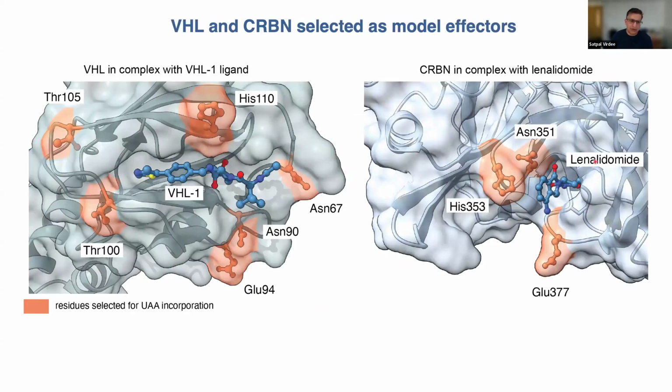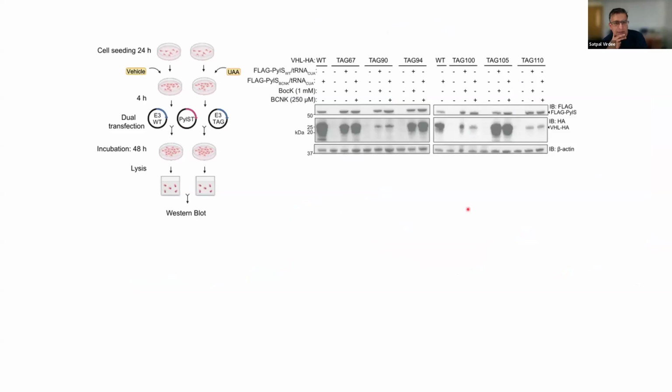So as proof of concept, we just took the two known players, the E3 ligases. There are crystal structures available with their favored ligands bound, and we chose these structures from the Ciulli lab, and selected amino acids that were solvent exposed in the periphery of the ligand binding site. And we did the same thing with cereblon E3 ligase, choosing amino acids that were in proximity of lenalidomide, a common scaffold for cereblon-based degraders.